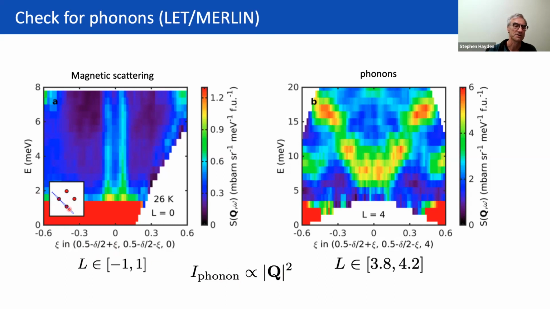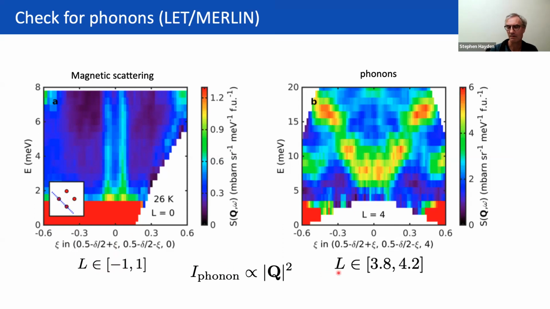You can see there is slightly lower background here than here, and you want to make sure that it's as small as possible. And then you have the third dimension along the C direction, which you'd like to integrate along to get intensity. So we limit that to this range here, -1 to 1 along the C star direction.